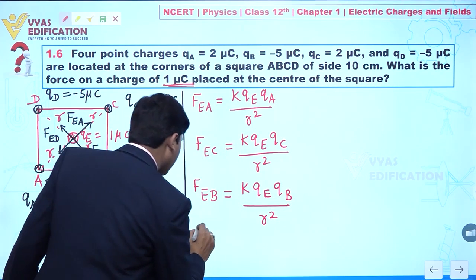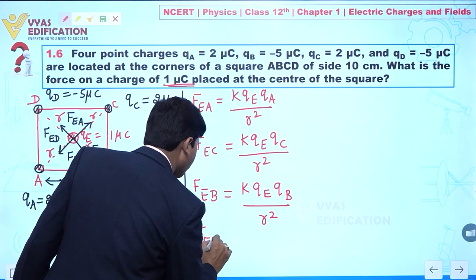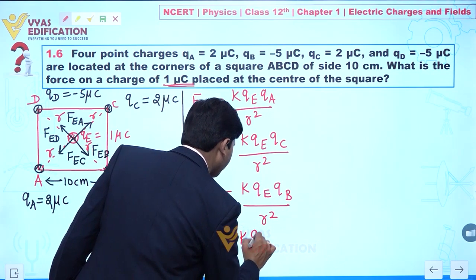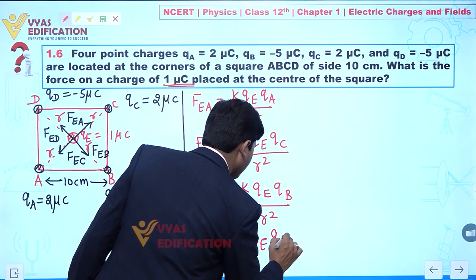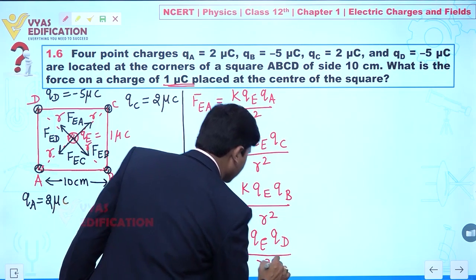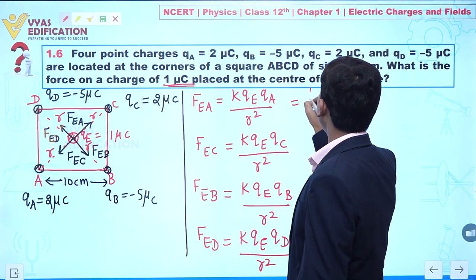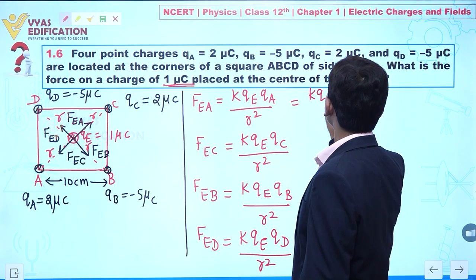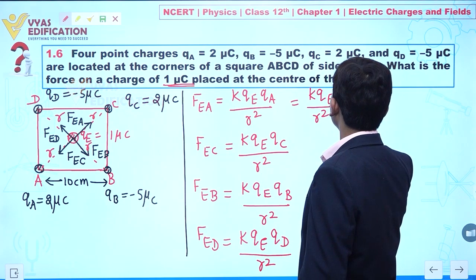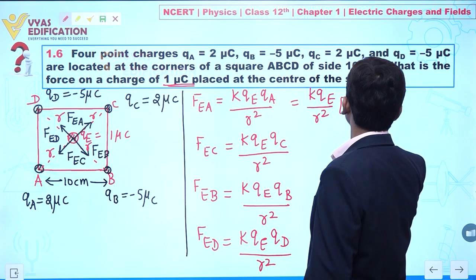FED is equal to K, QE, QD divided by R square. So from here you can see that in every term we get one common term, KQE upon R square, and here we have QA.